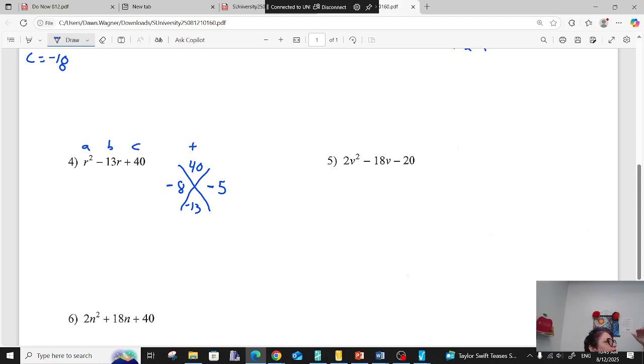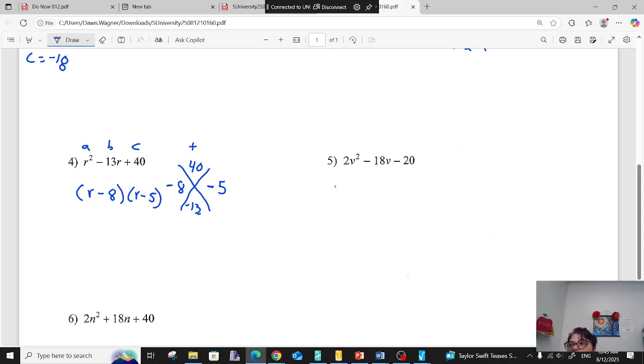So find 40 on your chart, and you see you have 1 and 40, 2 and 20, 4 and 10, 8 and 5. Okay. Well, the only two that you could add together to get 13 would have been 8 and 5. And they would both be negative because this had been -13. So then I'd go r minus 8, r minus 5. Does that make sense now?